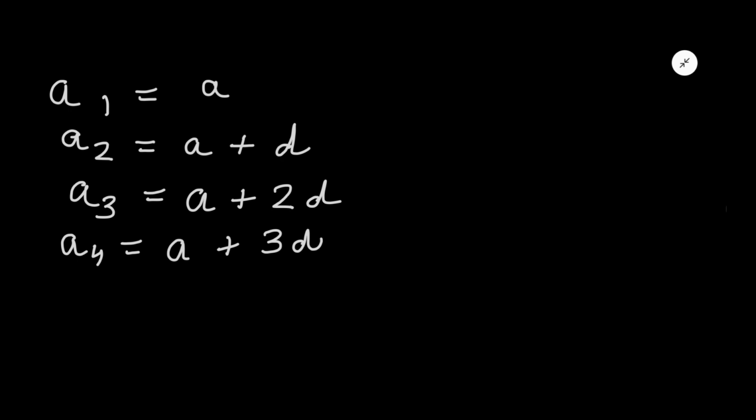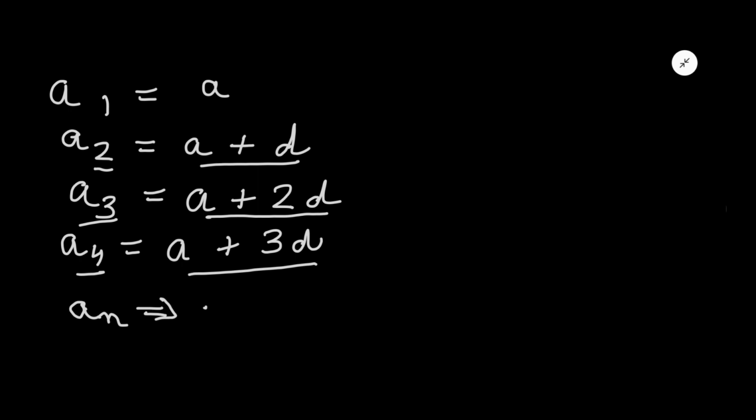So as we calculated all the terms, you can see A1 is A, A2 is A plus D, A3 is A plus 2D, A4 is A plus 3D. So similarly for the nth term, what will be the formula? So if you see, for the third term we attach 2 with D, for the fourth term we attach 3 with D. So we are subtracting 1 from the nth term.